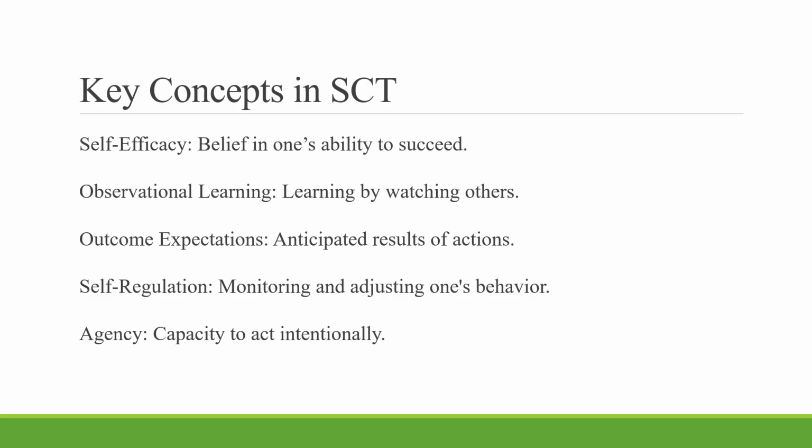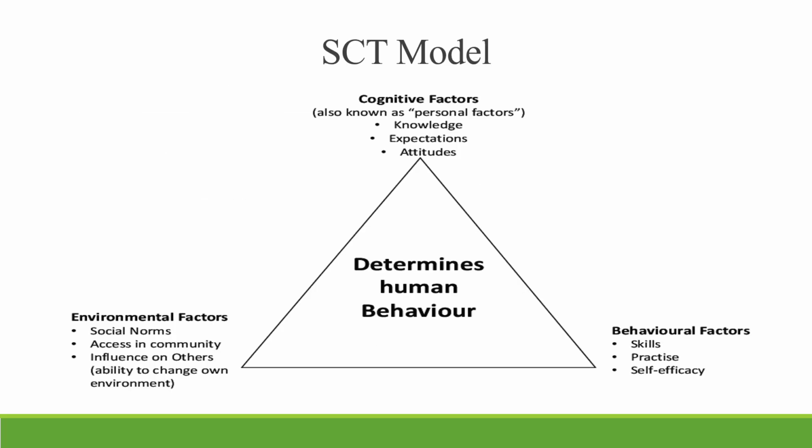That is self-regulation. Last is agency, which is the capacity to act intentionally. We also say that you can influence your actions and your world. Agency basically allows individuals to move from idea to action. These are the key concepts in social cognitive theory.